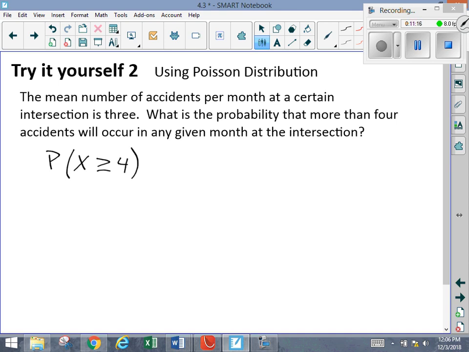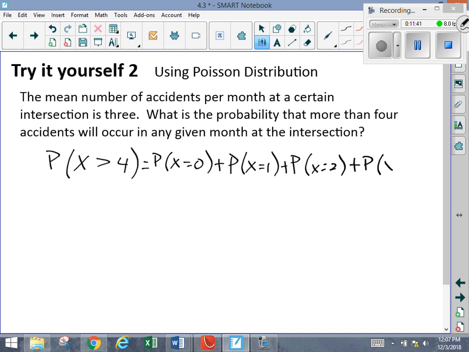My bad, strictly less than 4. Well, that's going to be the probability that there are 0 plus the probability that there is 1 plus the probability that there are 2 accidents plus the probability that there are 3 accidents.